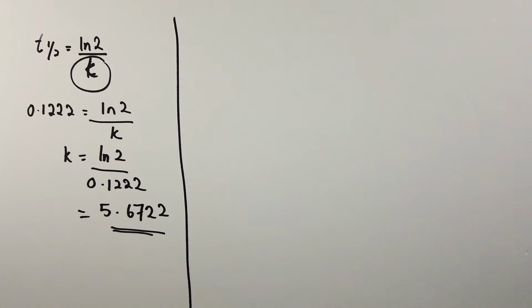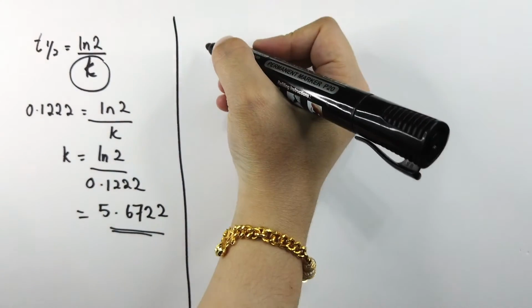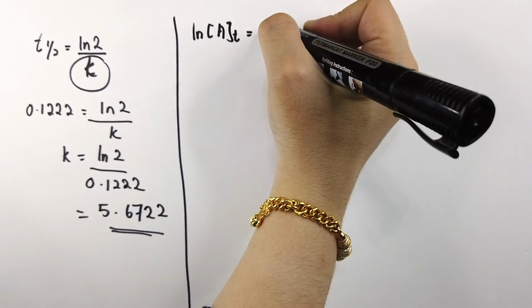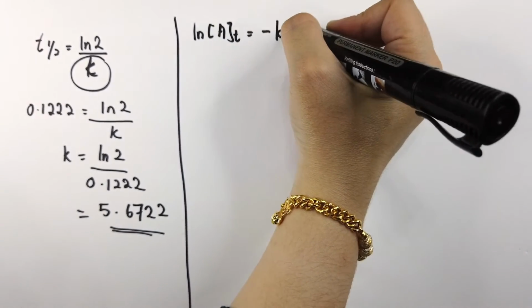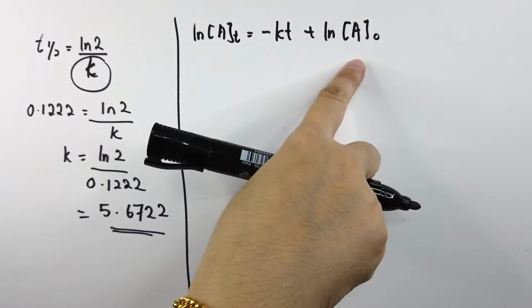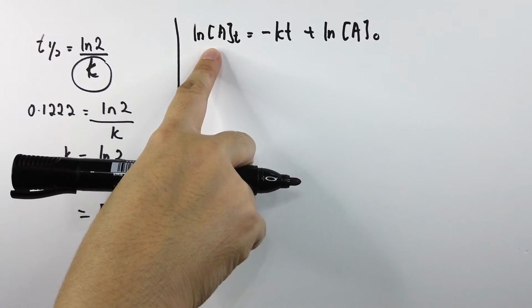And then, because in the question you were asked to calculate how long for the reactant A_t to be 0.124 molar, and since this reaction follows first order kinetics, you need to use the formula for the first order reaction. ln A_t is equivalent to negative kt plus ln A naught, where A naught is the initial concentration and A_t is the final concentration.